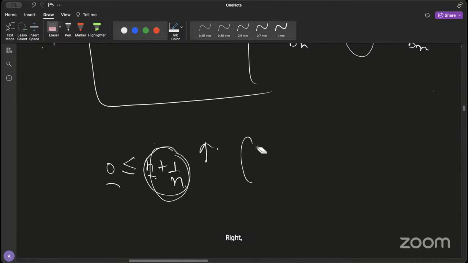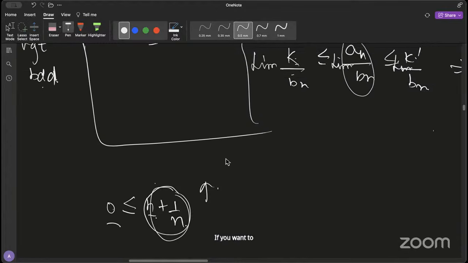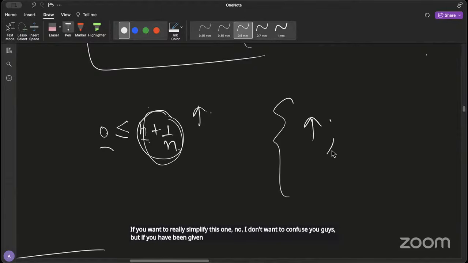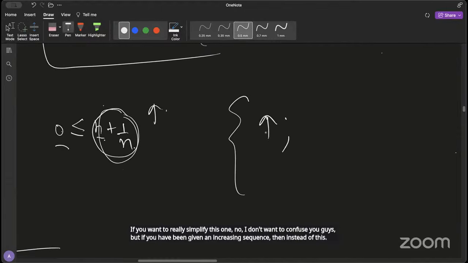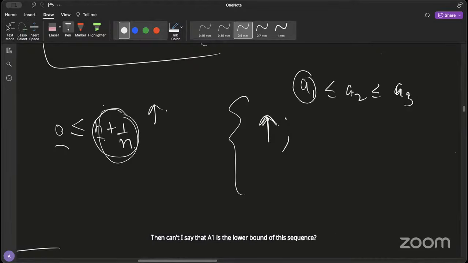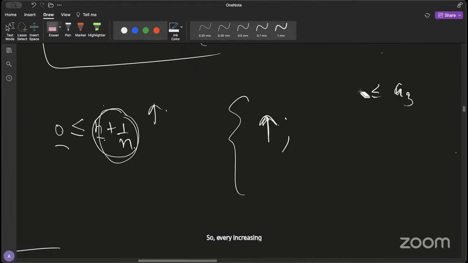And if you want to really simplify this one, I don't want to confuse you guys, but if a sequence is increasing, then isn't it obvious that it's bounded below? Because if a1 is less than or equal to a2, less than or equal to a3, then can't I say that a1 is the lower bound of this sequence, because all the terms are greater than a1, right? So every increasing sequence is automatically bounded below.